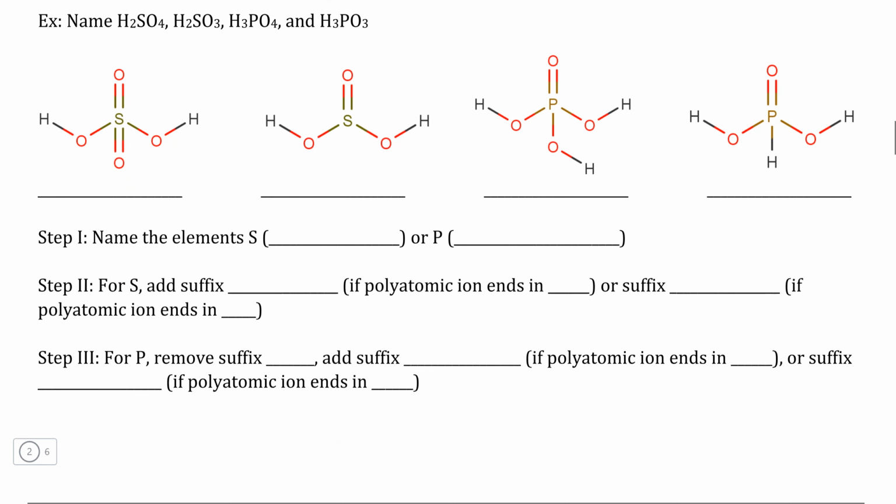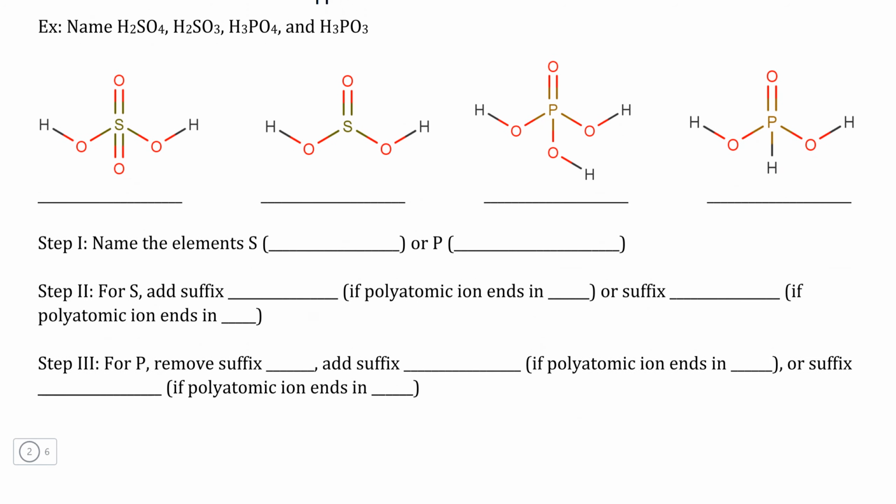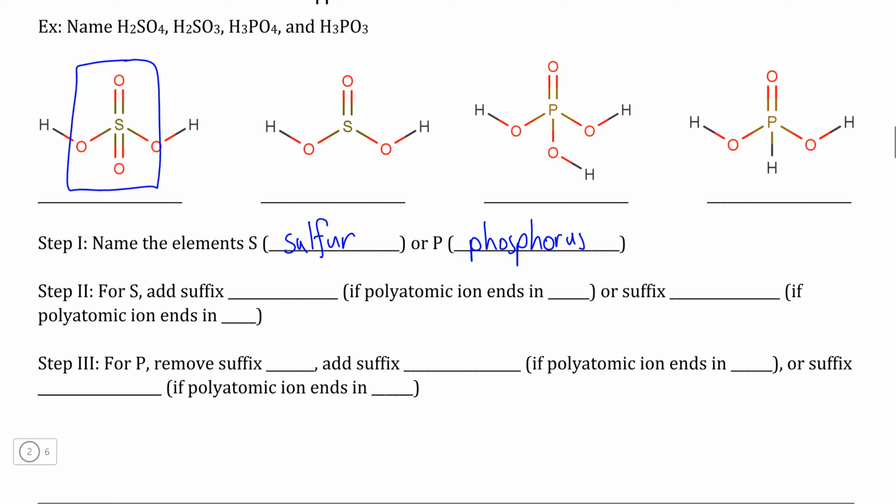So the first step when naming any oxyacid with sulfur or phosphorus as the central atom is actually to name each of the elements, sulfur and phosphorus, because those are the names to which all of the changes are going to apply. So in this first acid here, we can see that the polyatomic ion is SO4 2-. So in this case, this polyatomic ion would be sulfate.